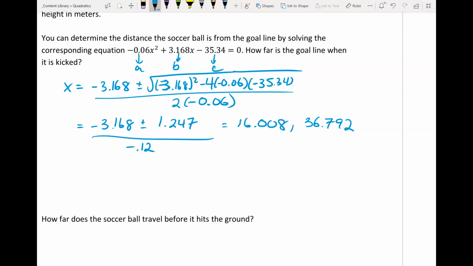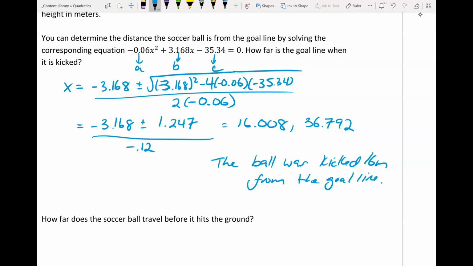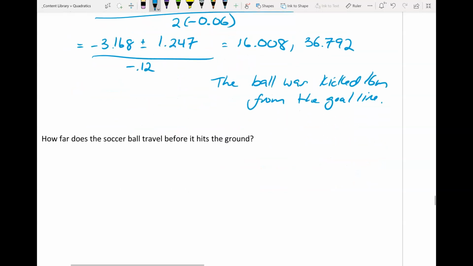The 16 is how far away we are from the goal line, and this is where it landed. So our final answer then is the ball was kicked 16 meters from the goal line, and this 36.8, that is when it landed, and that's how far away it was from the goal line.